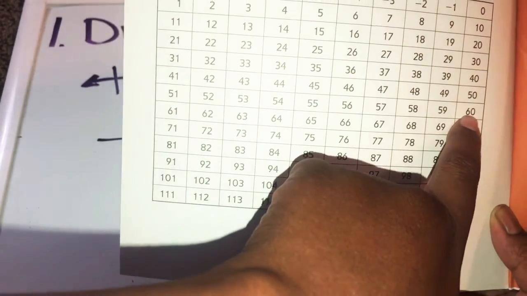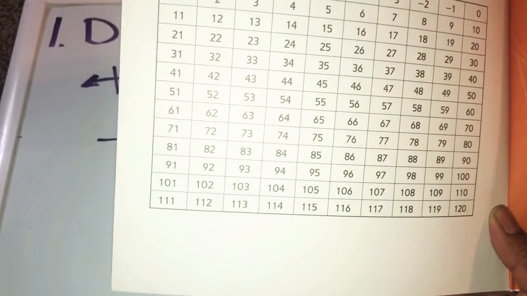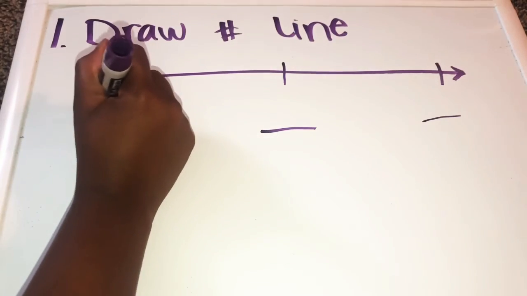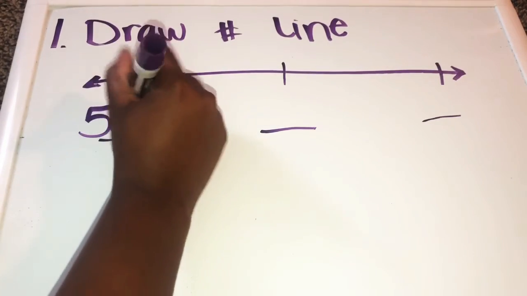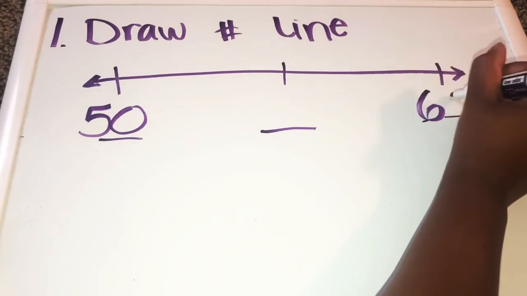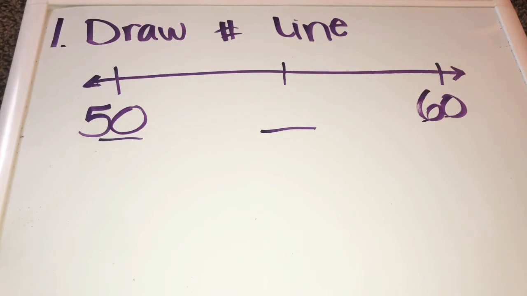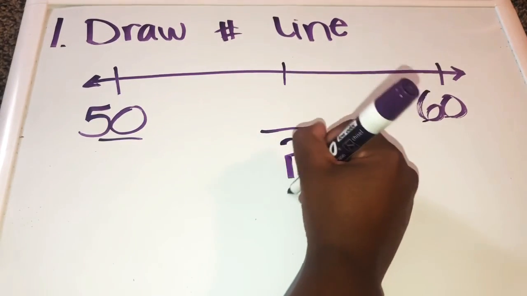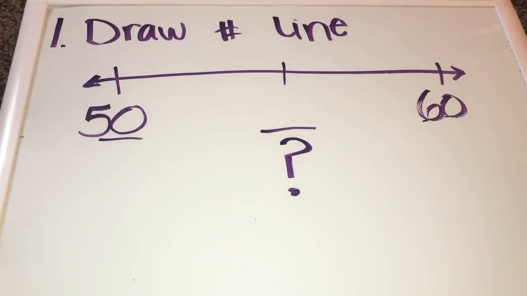The two multiples of 10 that are the closest to 54 are 50 and 60. We're going to write that in on our number line. So we're going to put 50 to the left because it's smaller, and we're going to put 60 to the right because it's larger. Now I need to figure out what's going to go in the middle. What number is exactly in between 50 and 60?